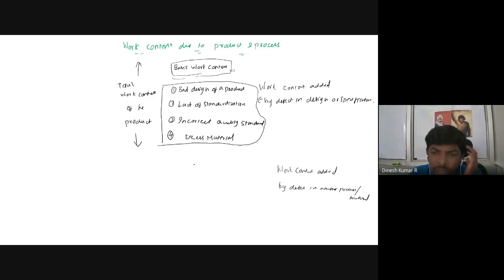What are the things that come in this particular thing? Now we are not going to speak about design aspects. What are the components controlled in this context alone? Work content added by defect in manufacturing process or method. What are the things that can be added here?